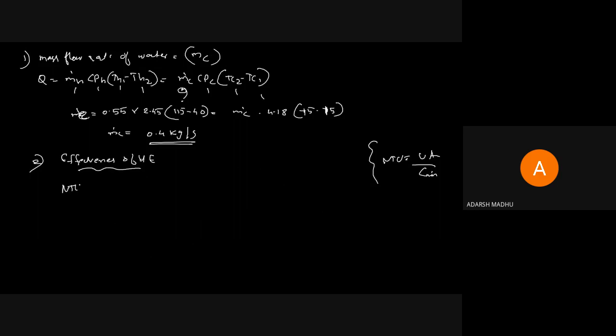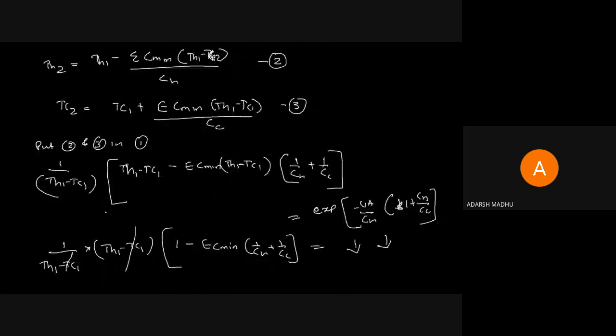We want to find NTU, and we will find it later. But for the second question we can find the effectiveness value, even though NTU is unknown. So E equal to CH of TH1 minus TH2, right?